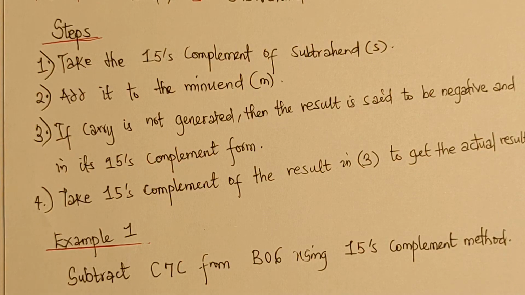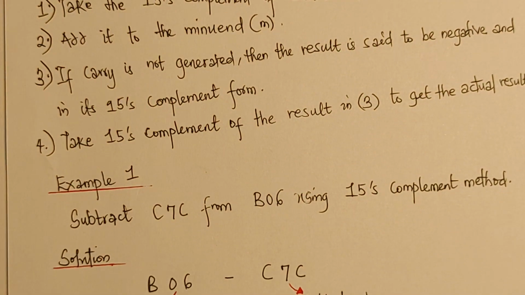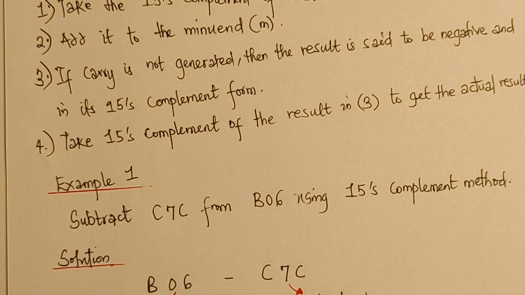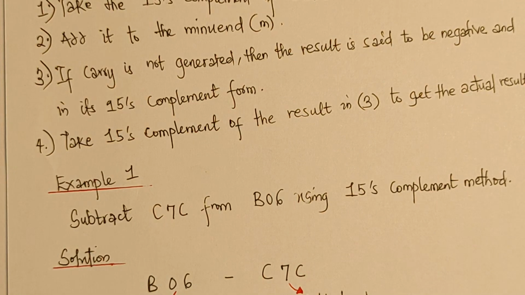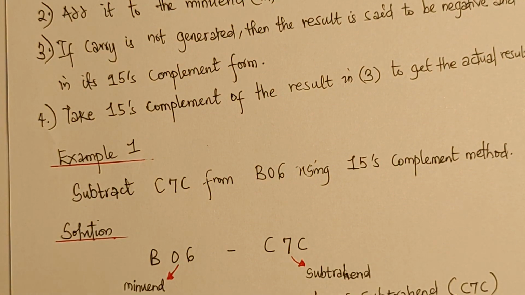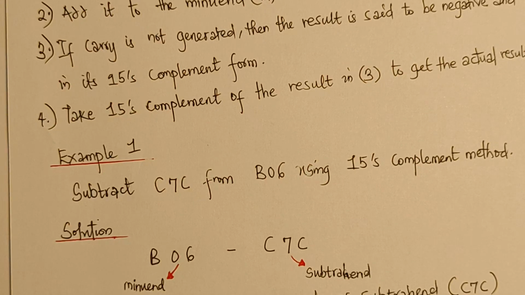So with that, we are starting with the solution. At this point, I'd like you to hit the like button. So let's proceed. I'm identifying my minuend and my subtrahend before I go with the steps. So we have B06 as the minuend and C7C as the subtrahend.